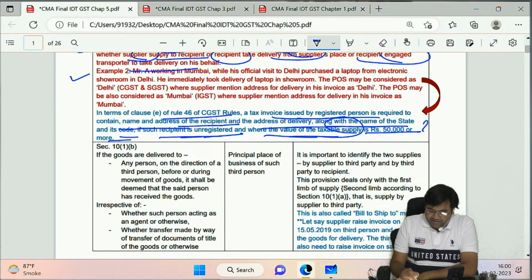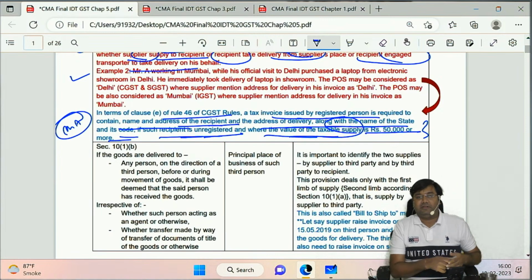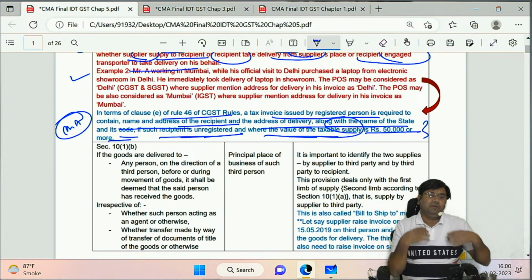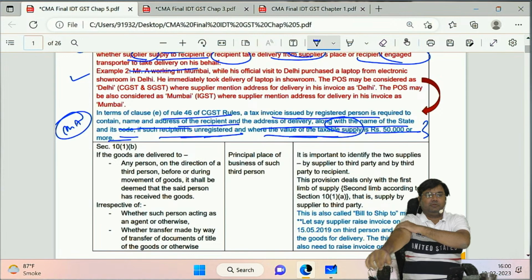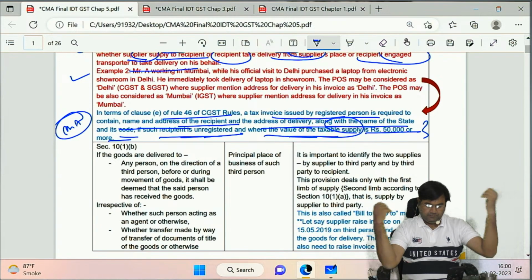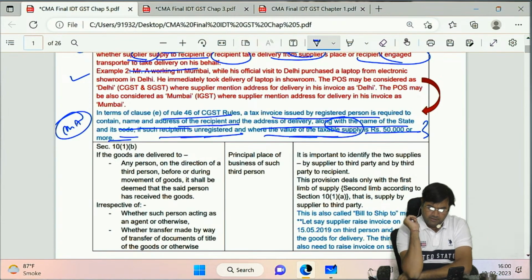This is not there in your CMA Final books, but we have to take this twisted example so that if any question comes in the exam, you can easily attend it. So let me first explain this provision. Rule 46 is related to the tax invoice.